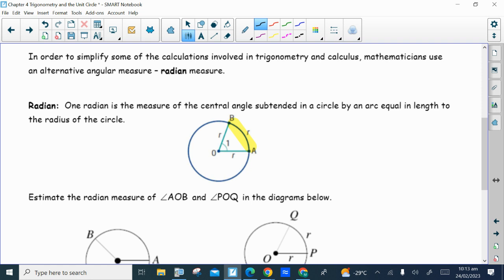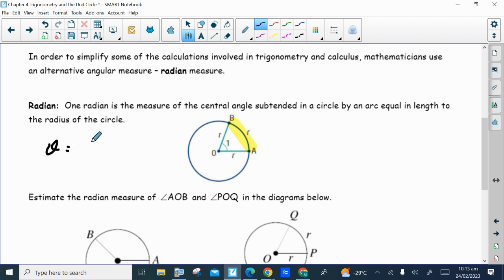Okay? If we're talking about the angle at the center, measured in radians now instead of degrees, 1 radian will be the angle at the center where the arc length is equal to the radius of the circle. So that kind of leads us to an equation.